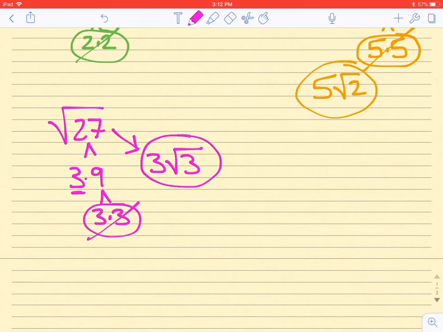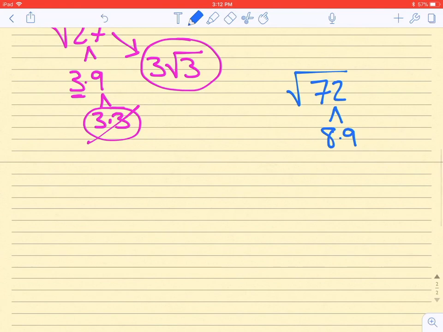Let's look at the square root of 72. So the square root of 72, 72 comes from 8 times 9. 8 comes from 2 times 4. 9 comes from 3 times 3. And 4 could be broken down to 2 times 2.